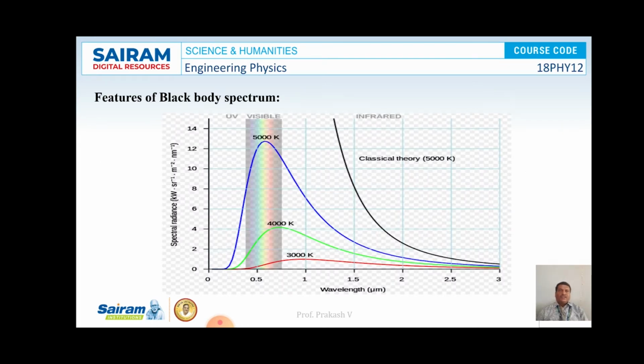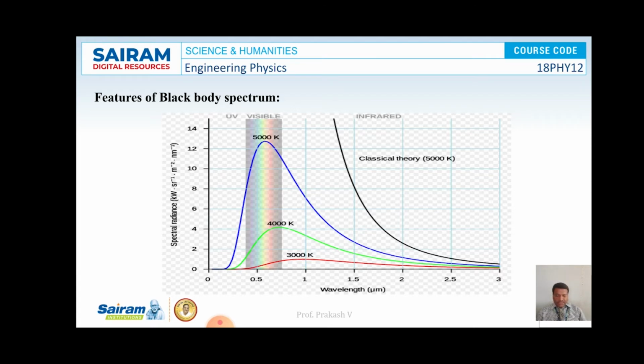This is a graph when we plot the intensity of emitted radiations from a black body versus its wavelength. Here you can look at the three different curves for temperatures of 3000 Kelvin, 4000 Kelvin and 5000 Kelvin. The distribution of radiant energy is not uniform and varies with lambda, the wavelength, and temperature.